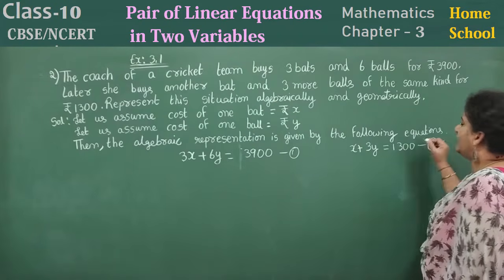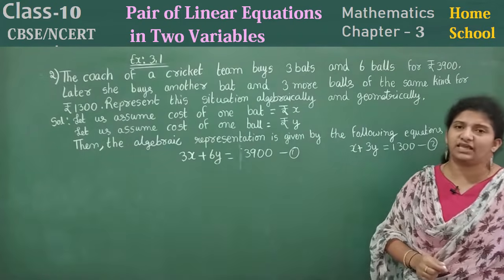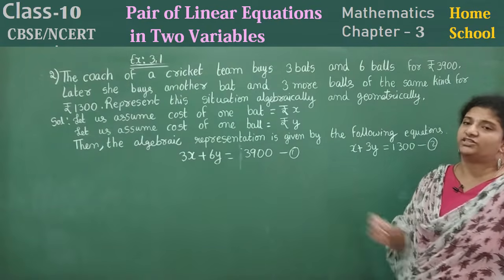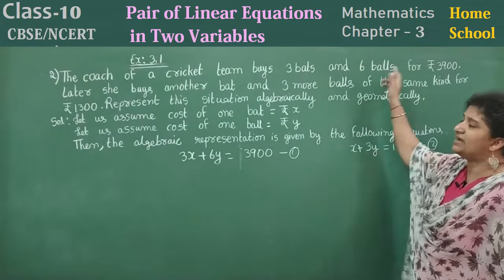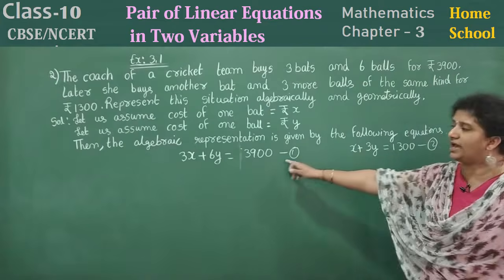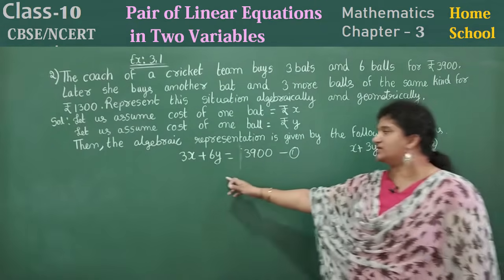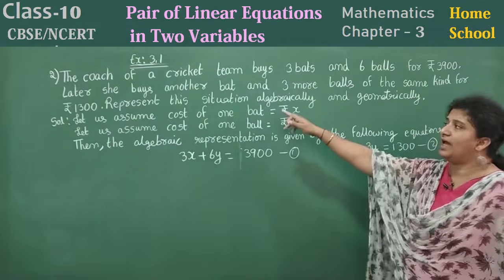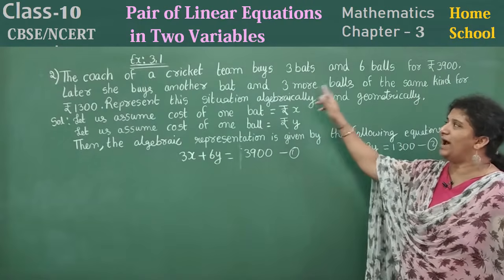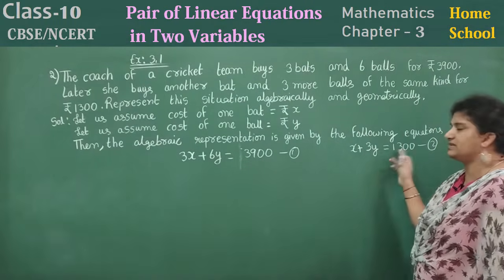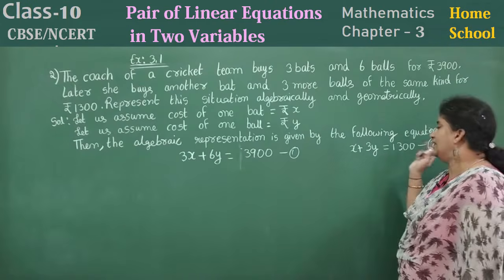This is the second equation and that is your first equation. Observe the equations carefully once again. 3 bats, 6 balls cost is 3,900. 3x plus 6y is equal to 3,900. And cost of 1 bat and 3 balls, x plus 3y is equal to 1,300.